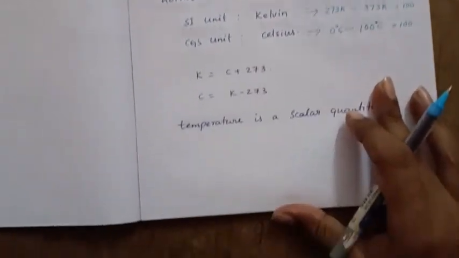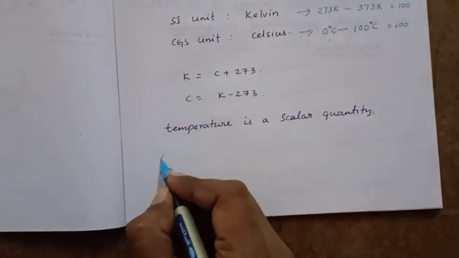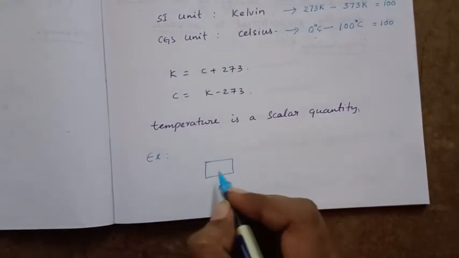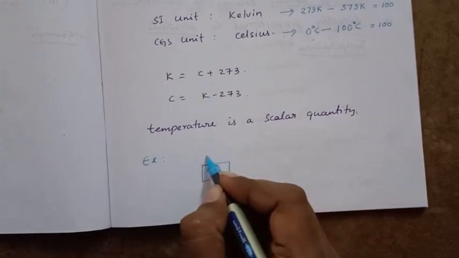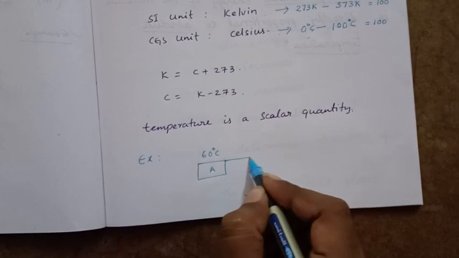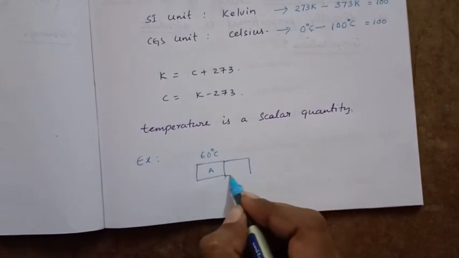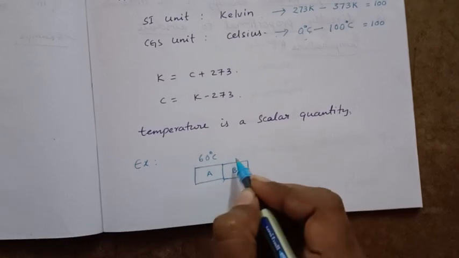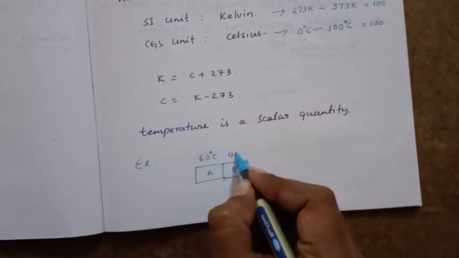For example, a body A having 60 degrees Celsius is in contact with another body B having 40 degrees Celsius.